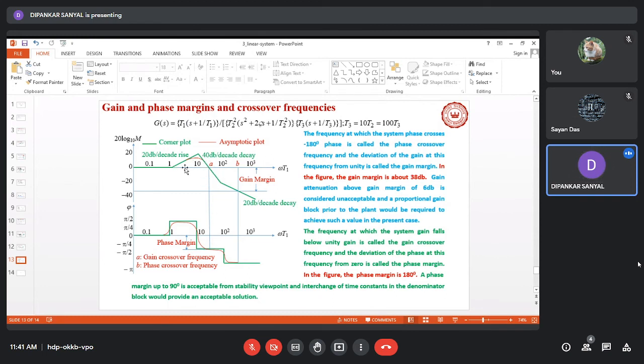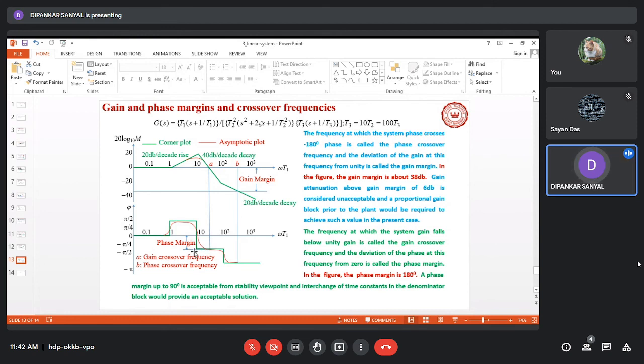So as we are telling, up to unity gain, if that is acceptable, this is the point after which the gain will undergo an attenuation, and an attenuation beyond a point won't be acceptable. So this particular point we call the gain crossover frequency, and the phase at this particular point we call the phase margin.